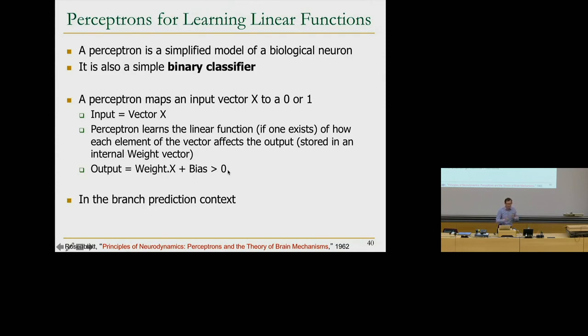Let's take a look at it in the language context. Your input vector x in language detection may be the words that you hear, and weights are the weights that are associated with each word that you've learned in the past, whether it's German or not. If you hear a bunch of words, let's say 100 words, each of them has a weight that you learned in the past. This word is very likely German, this word is not very likely German, this word is very likely German.